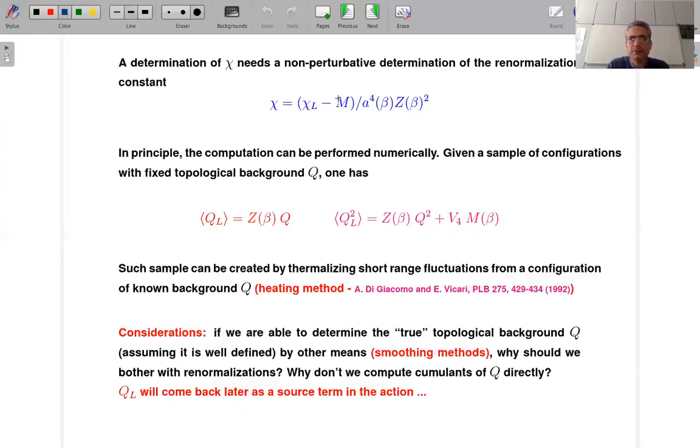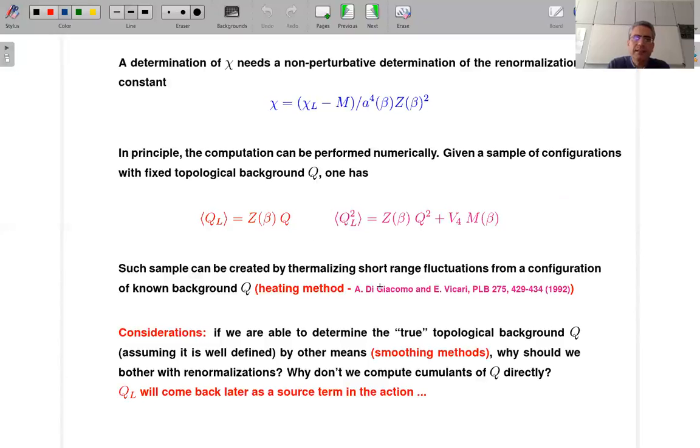It has been performed in the literature at some order in perturbation theory, but actually what you need is a non-perturbative determination of the renormalization constants. There are some heuristic definitions of these subtractions.